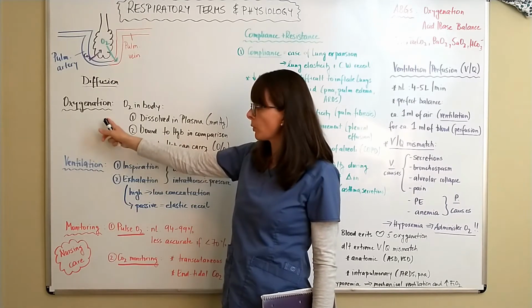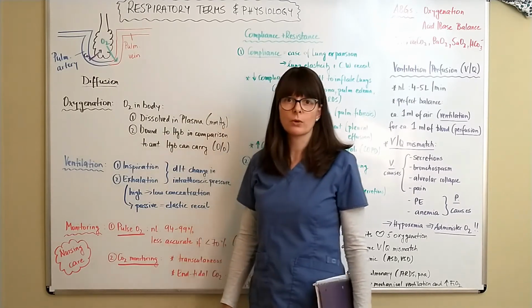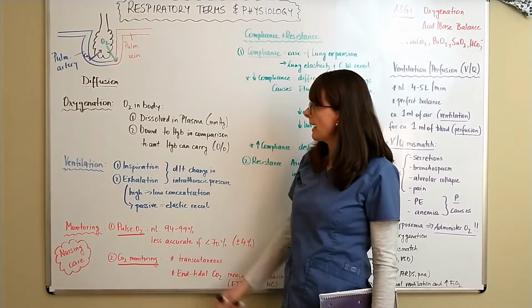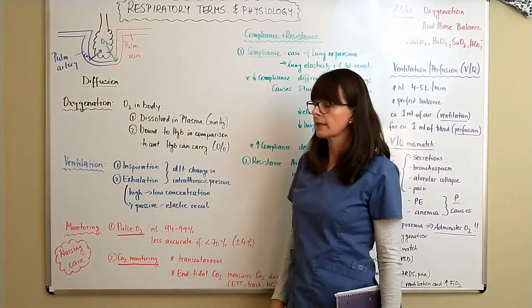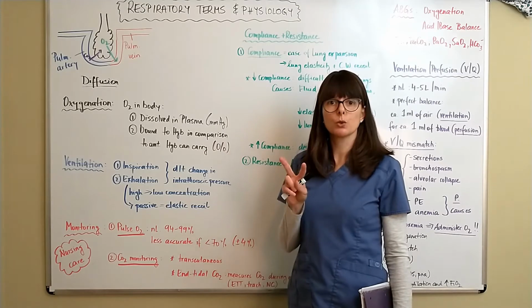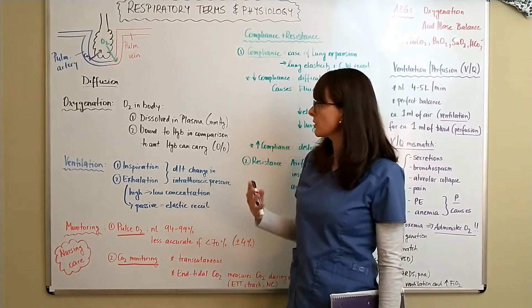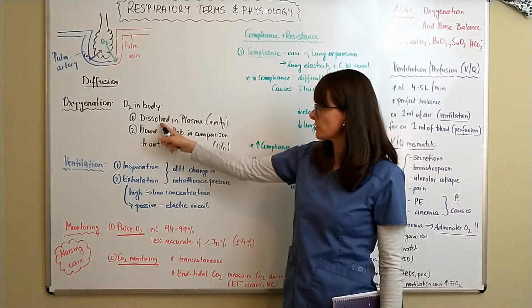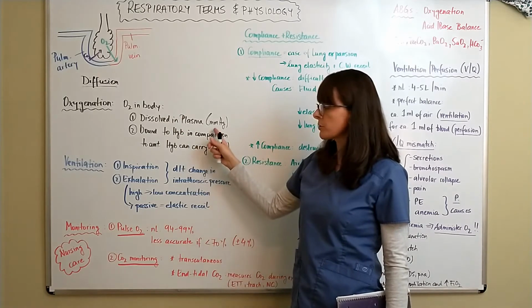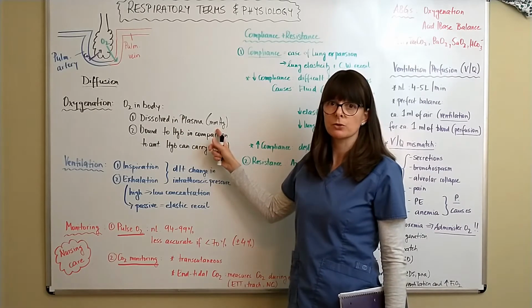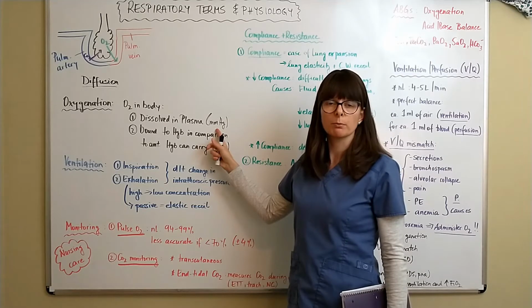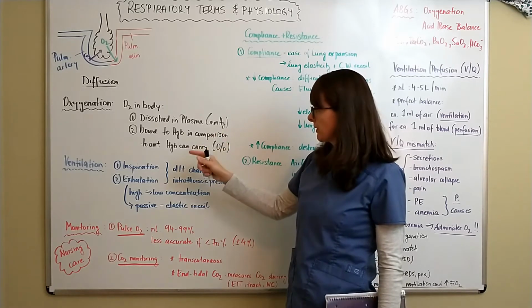Another important topic when talking about respiratory is oxygenation. The oxygen in the body can be measured in two different places. First of all, it's dissolved in plasma, which is expressed as millimeters of mercury, the partial pressure of oxygen.